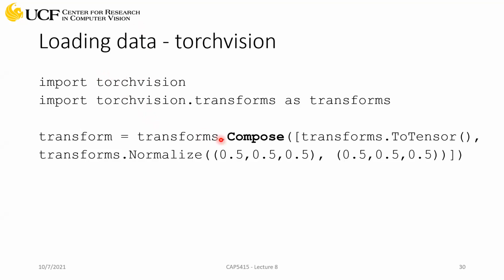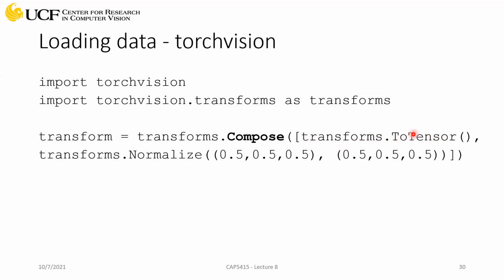All right, sorry about that. So what we are doing is, as the name suggests, compose. We are just listing the set of operations which you want to use on our data.